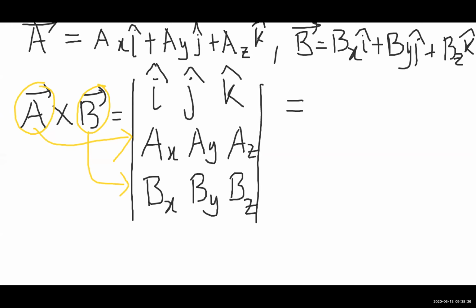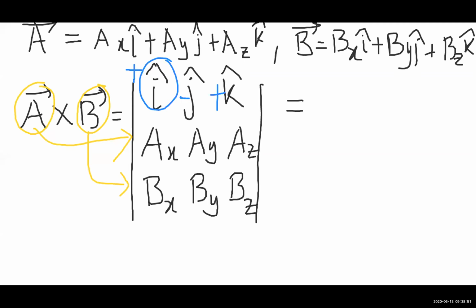To solve a 3 by 3 determinant, you always go to the top left-hand side element. You assign a positive sign to it, and you move in a straight line, alternately assigning positive and negative signs.